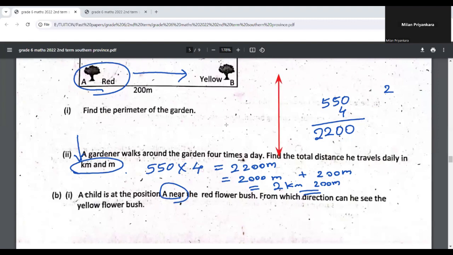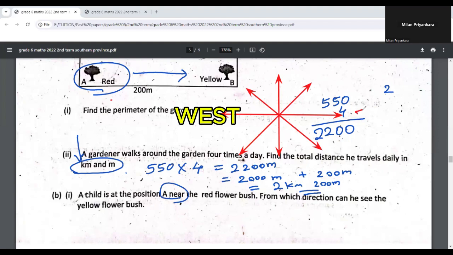And these are going to be like this. We know that this is east. Now you can see that when the child is standing at the point A, you can see the yellow flower bushes in the east direction, right?